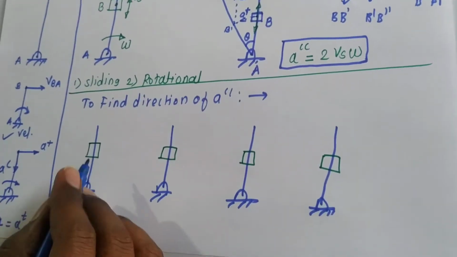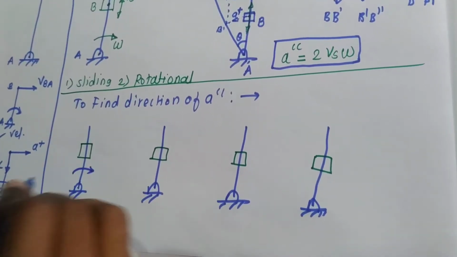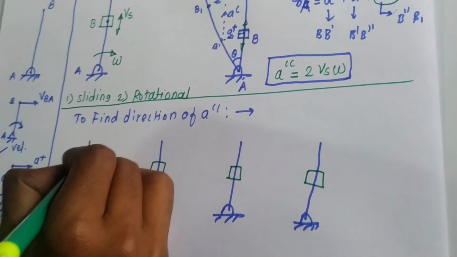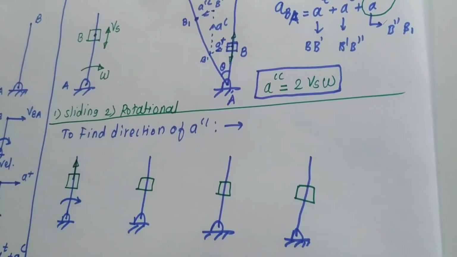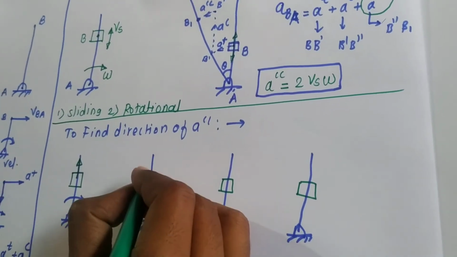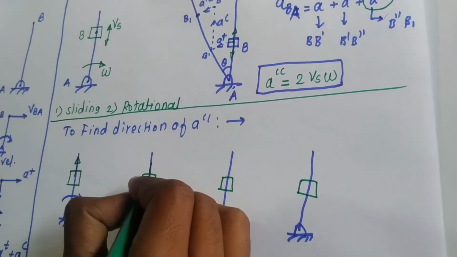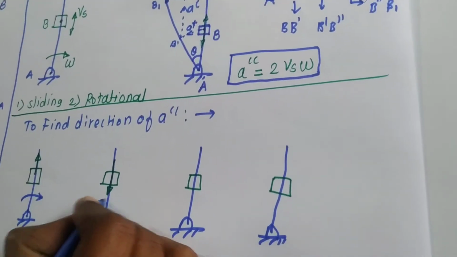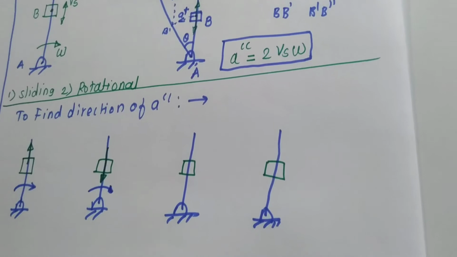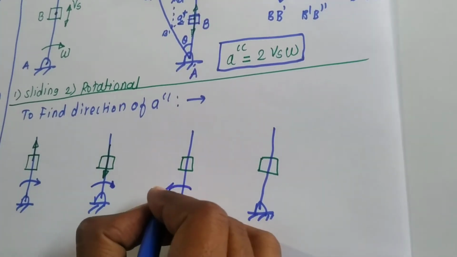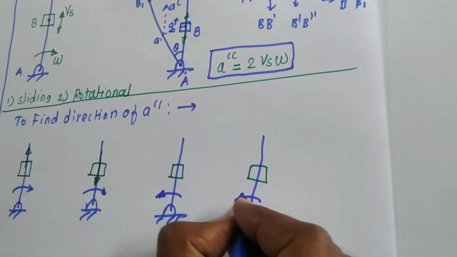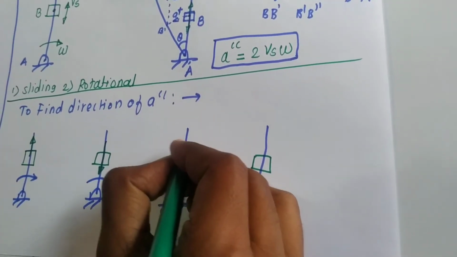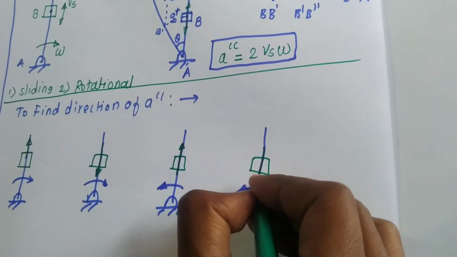In the first case, assume that the link rotates clockwise and the slider is moving upward. In the second case, the slider is moving downward while the rotation is clockwise only. In the next case, the link rotates anti-clockwise, as in both last cases. Now again the slider moves upward, and in the last case the slider moves downward.